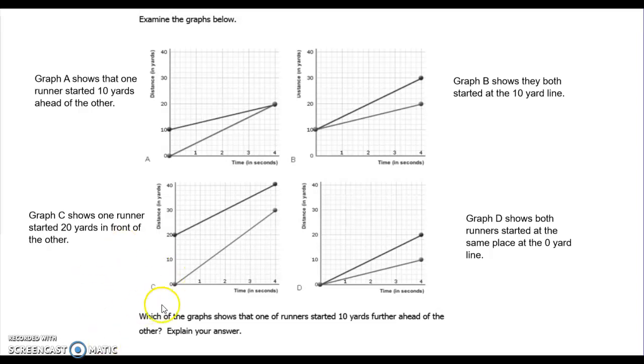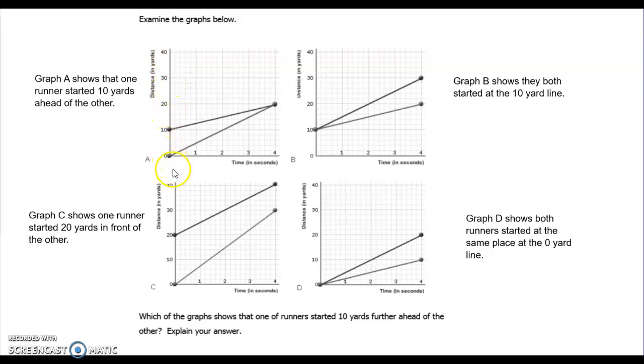This page asks which of the graphs showed that one of the runners started 10 yards further ahead of the other, and explain your answer. What we have to do is look first and see what our graph is showing us. On the x-axis, it's showing us time in seconds, and the y-axis is showing us distance in yards.